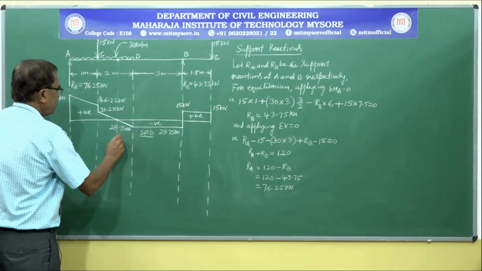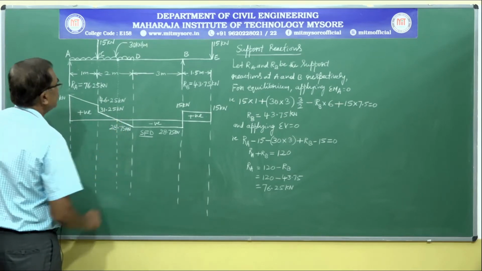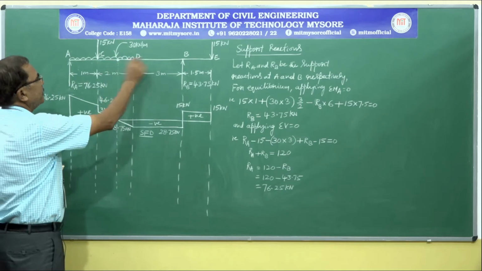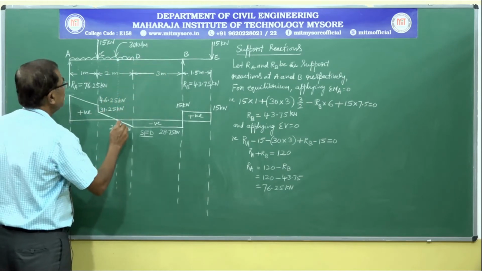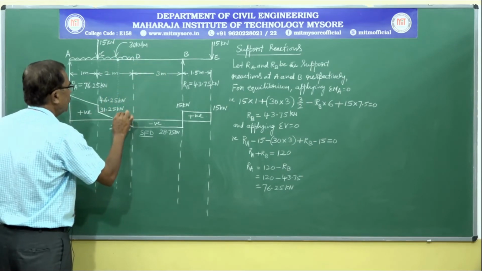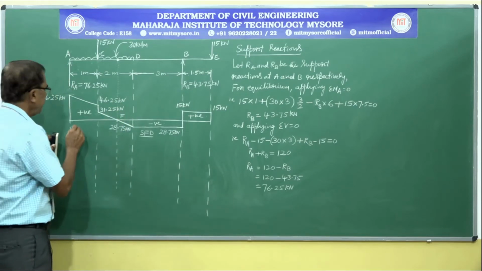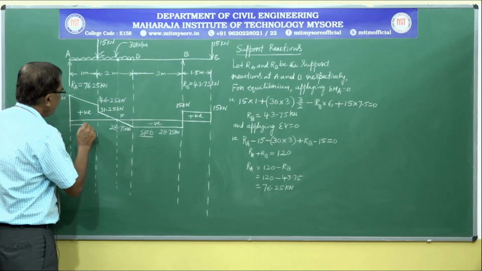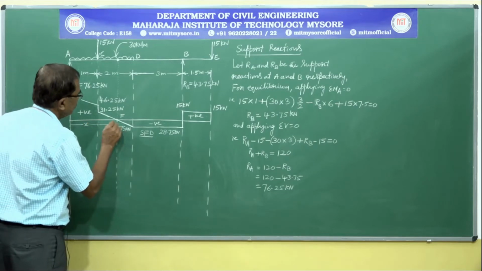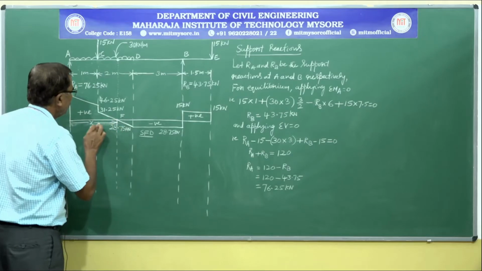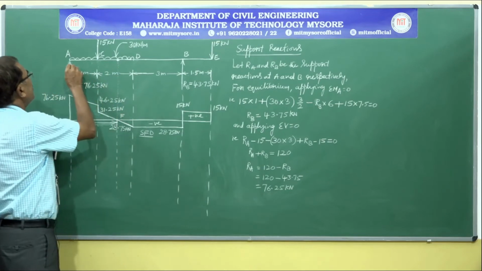Further, I can proceed in the downward direction. So let us mark these points A, B, C, D, E, F. Let this F be acting at a distance of x from the left support. Mark here also.